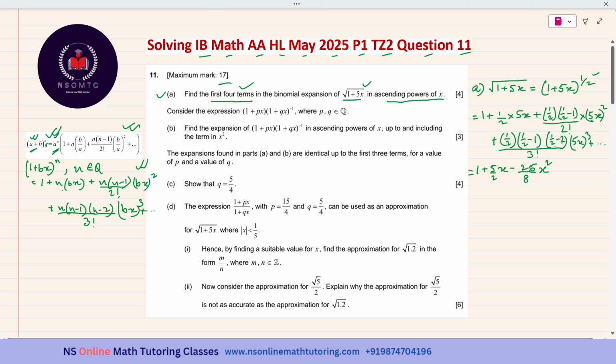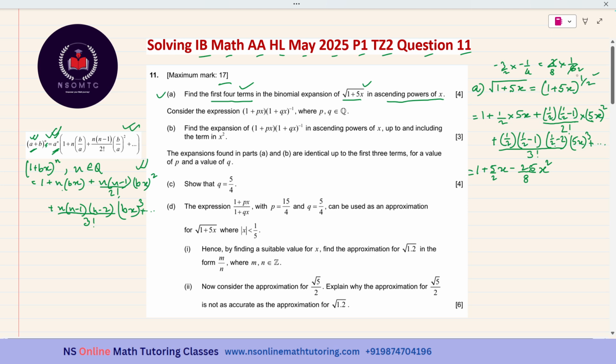So negative 3 over 2 times negative 1 over 4 is equal to 3 over 8, and the denominator is 3 factorial, which is 6. So multiplied by 1 over 6, and these two will get cancelled. So we have 1 over 16.